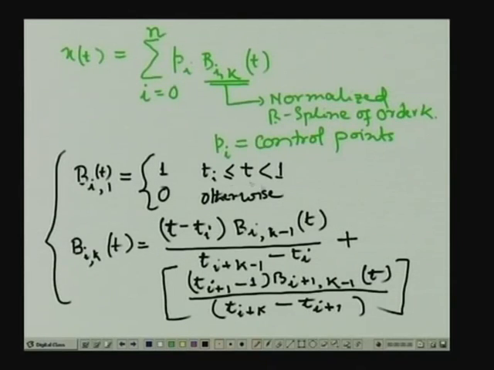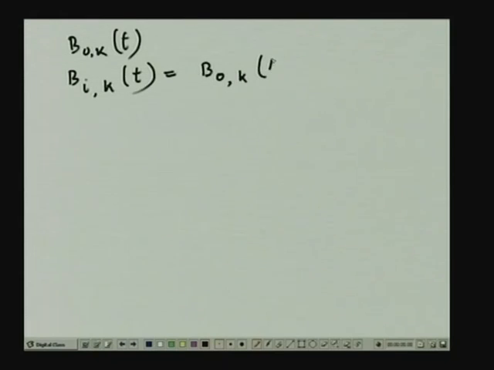Now, once we have this relation of b I k t, you can easily verify that once I have b 0 k t, then b I k t is nothing but translates of b 0 k t. So, this b I k t can be written as b 0 k of t minus I. This can be easily verified from the way this B-spline function is defined.